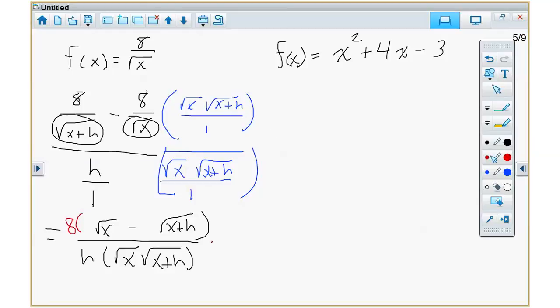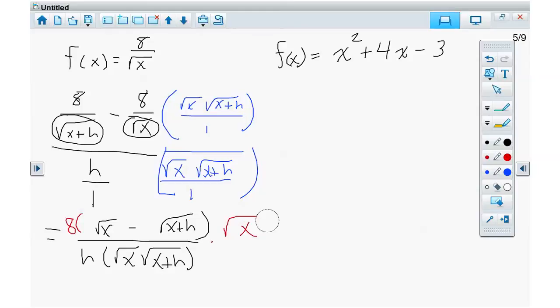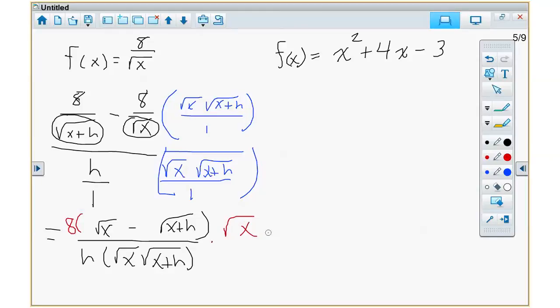Yeah, that's what I was confused about, sorry. And I'm going to multiply by, in red, the square root of x plus square root of x plus h over square root of x plus the square root of x plus h.